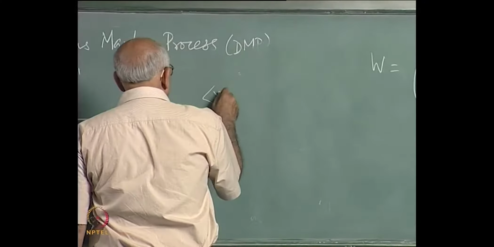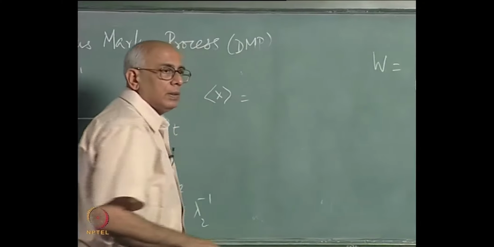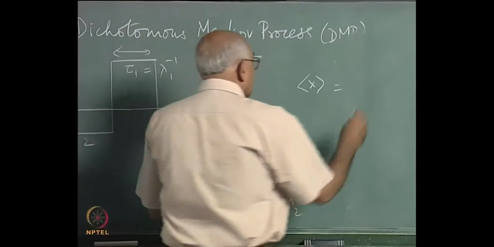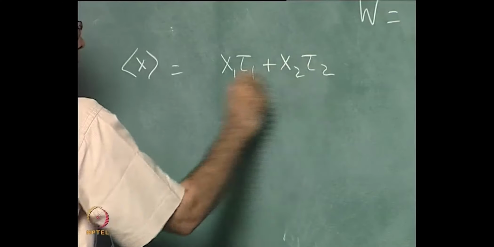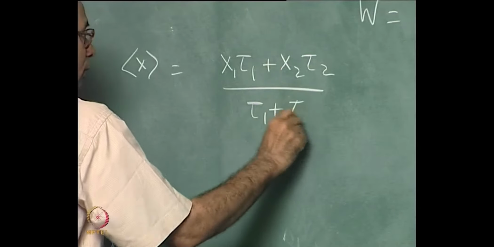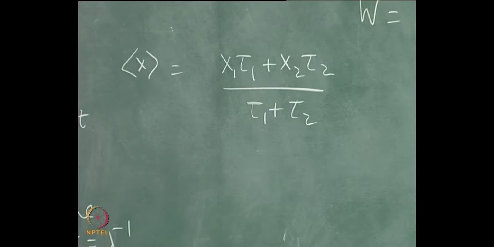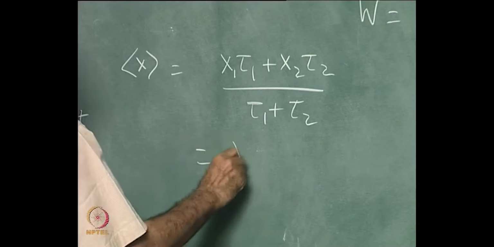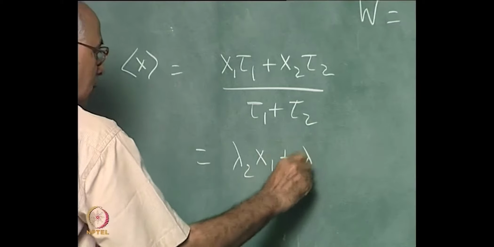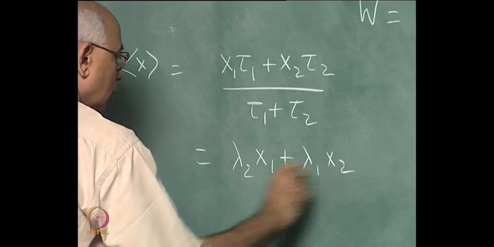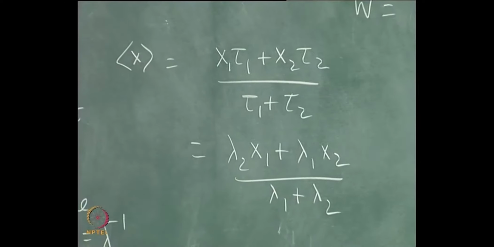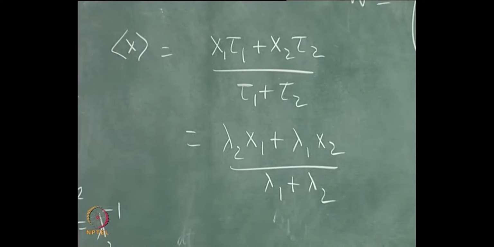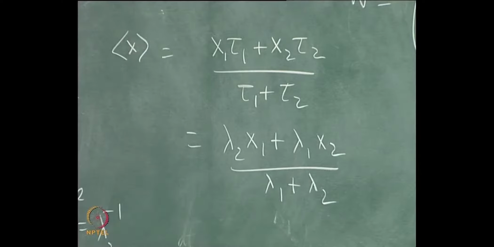What is x average equal to? x1 into this probability. Well, exactly. So I would expect this to be x1 tau 1 plus x2 tau 2 over tau 1 plus tau 2. This is what I would expect. And that would be equal to lambda 2 x1 plus lambda 1 x2 over lambda 1 plus lambda 2. I expect this to be the average.